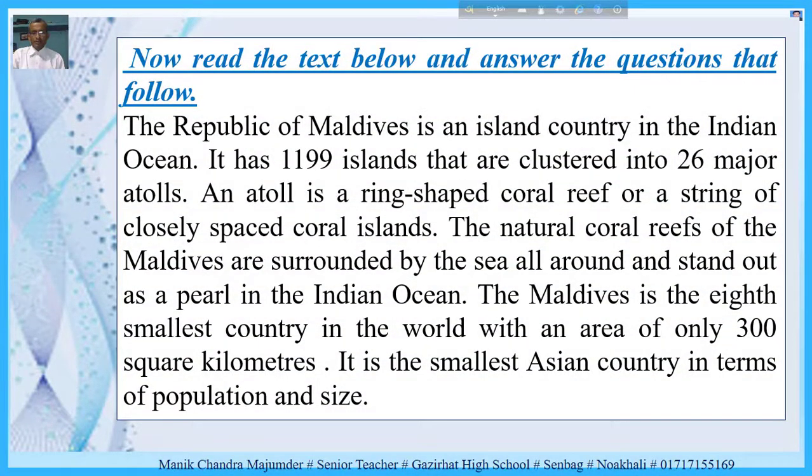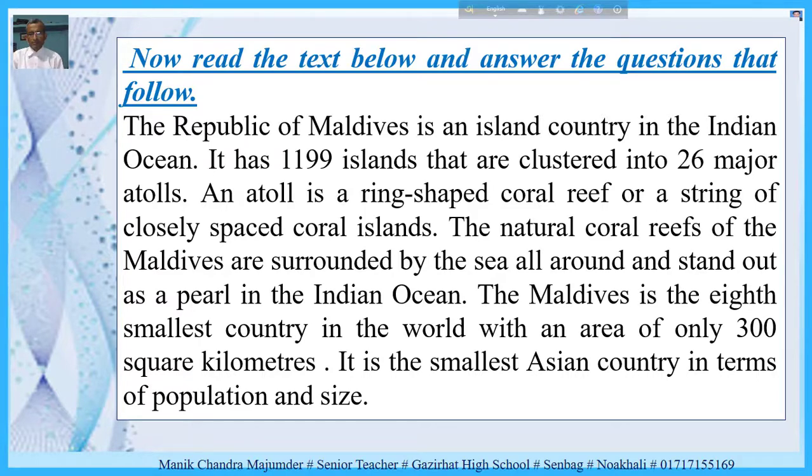Now we will read the passage. Learners, I am reading the passage. You should follow me. The Republic of Maldives is an island country in the Indian Ocean. It has 1,199 islands that are clustered into 26 major atolls. An atoll is a ring-shaped coral reef or a string of closely spaced coral islands.